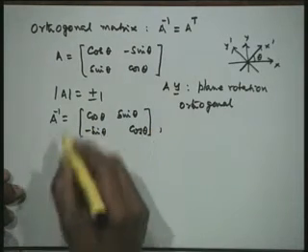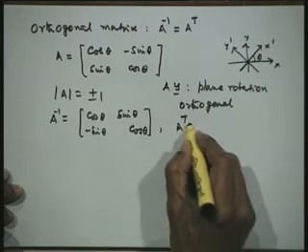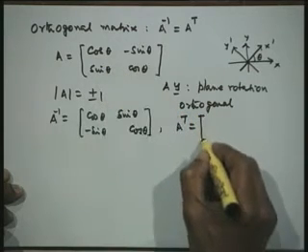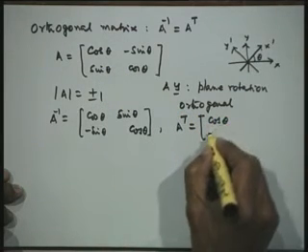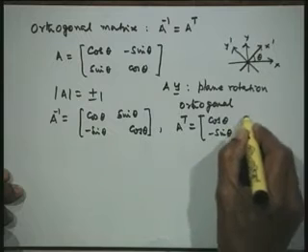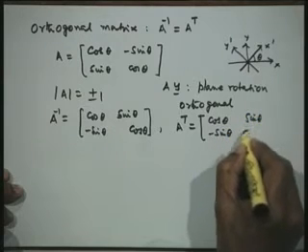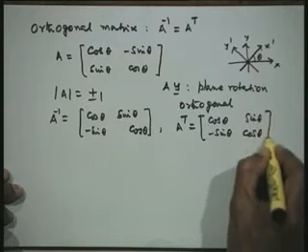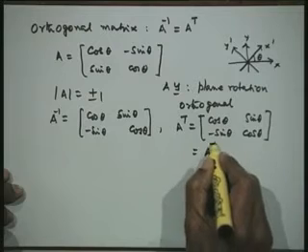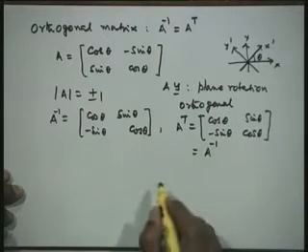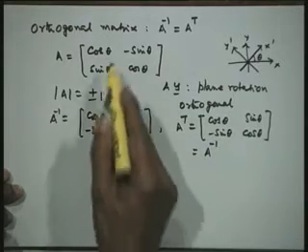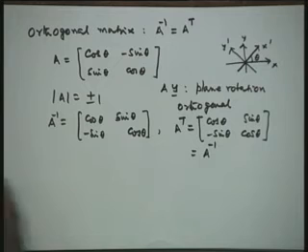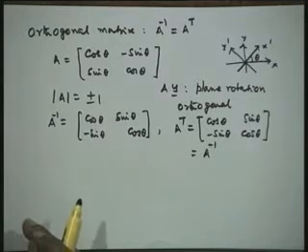And A transpose, if I transpose this, I will get cos theta, minus sin theta, sin theta, cos theta. So this is equal to A inverse. Therefore, A inverse is equal to A transpose and this is an orthogonal matrix. As I said, this is a very important matrix for us.